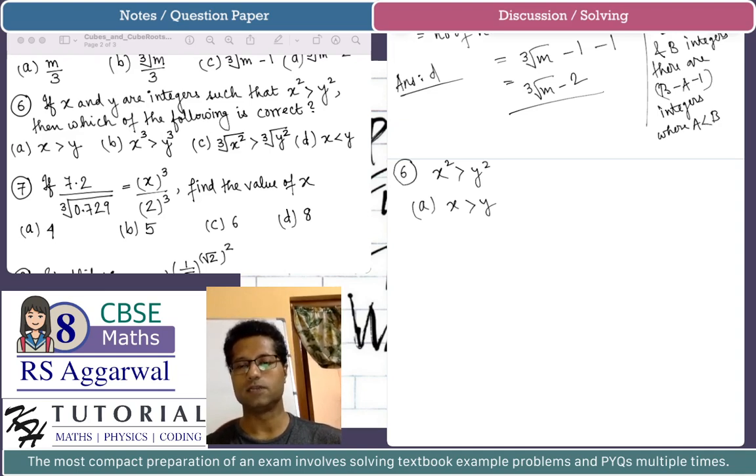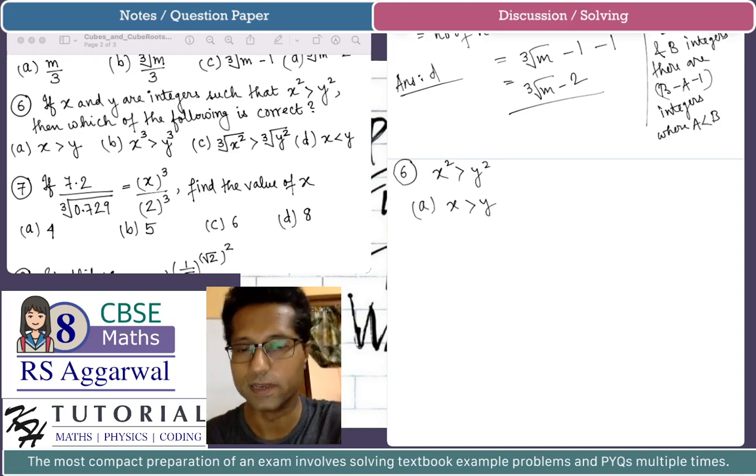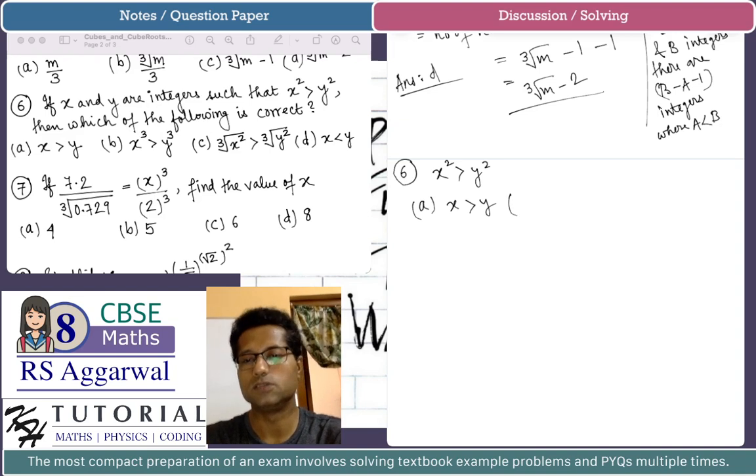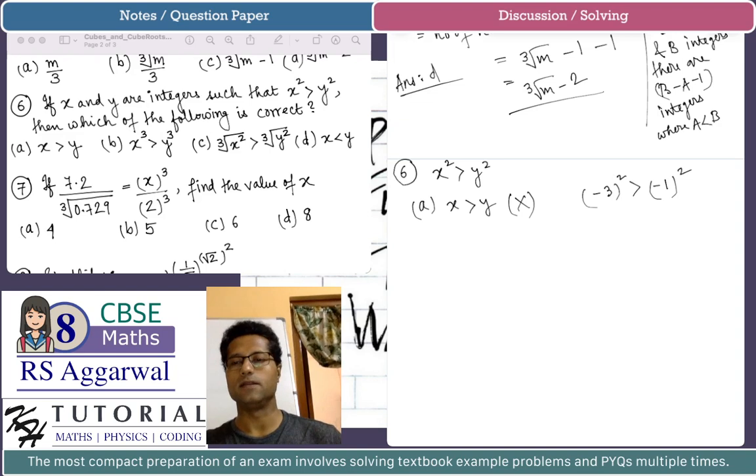So if x square is greater than y square, can we say x is greater than y? No, we cannot say. This is a wrong choice, as you can see that minus 3 square is greater than minus 1 square. Minus 3 square is 9 and minus 1 square is 1. So 9 is greater than 1.